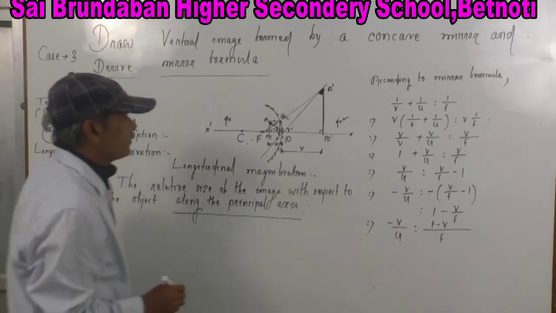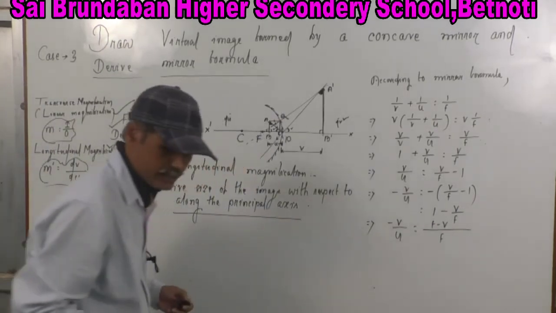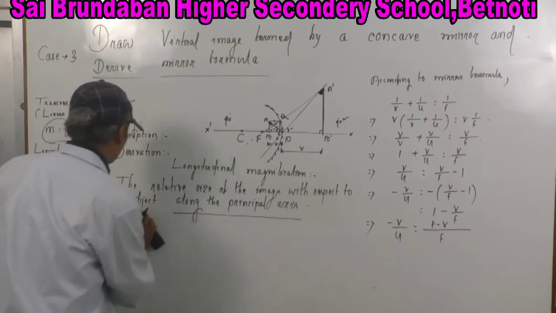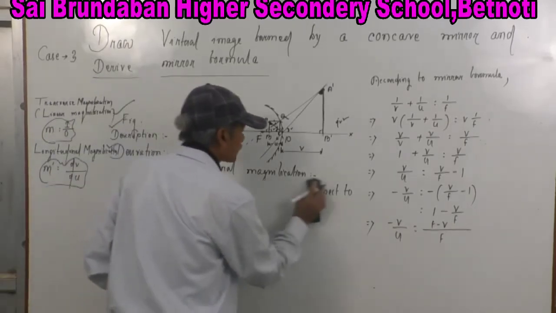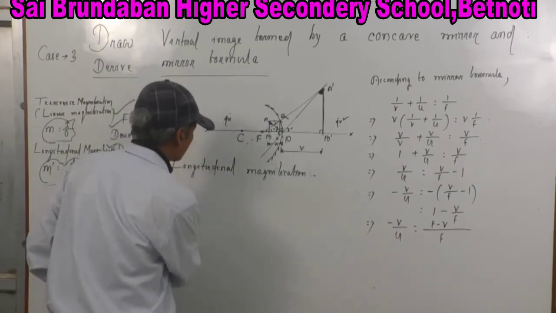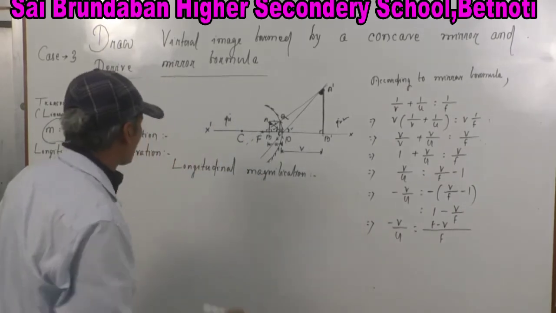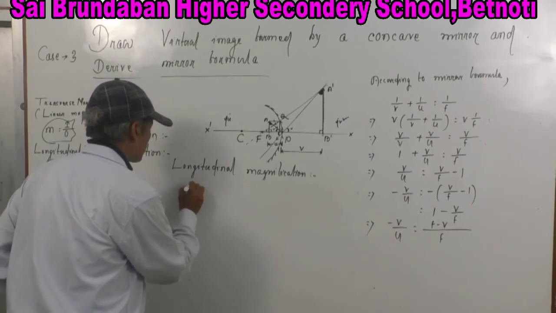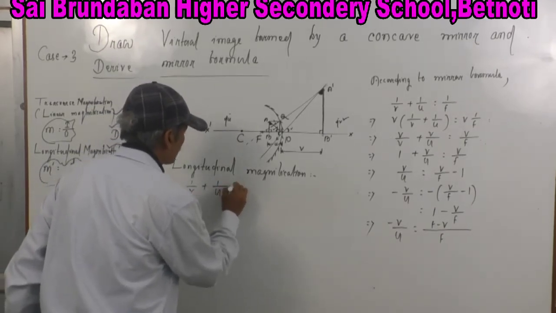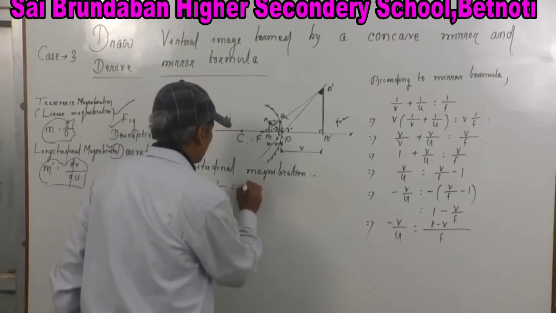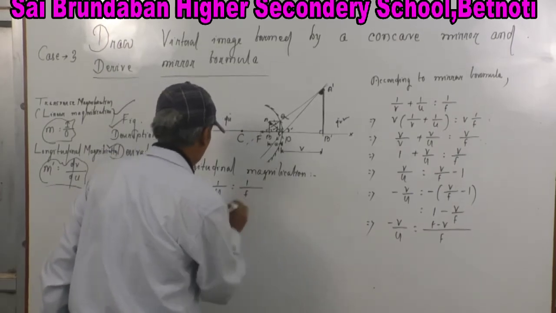So dv by du, you just differentiate it. 1 by v plus 1 by u is equal to 1 by f.